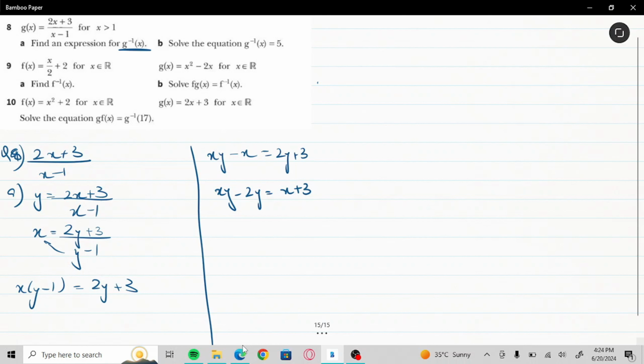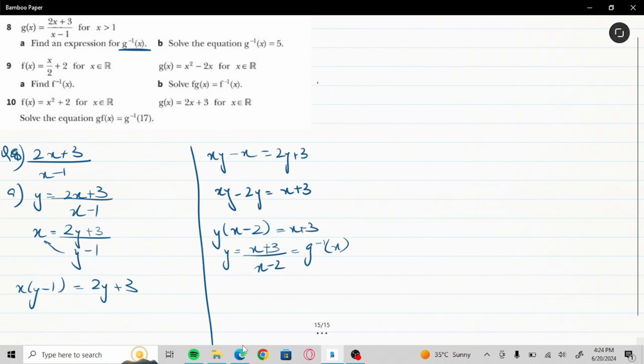Notice that I'm trying to isolate the y values to one side and the other values to the other side. Take y common from this: y(x - 2) is equal to x + 3. And the next step, y is equal to (x + 3) divided by (x - 2). This is our inverse of the function g.